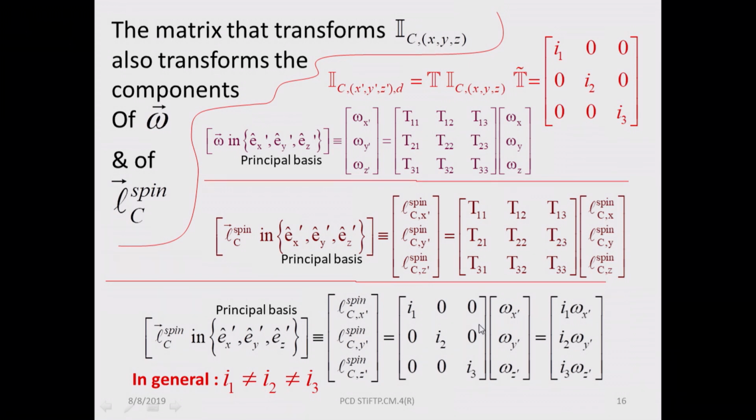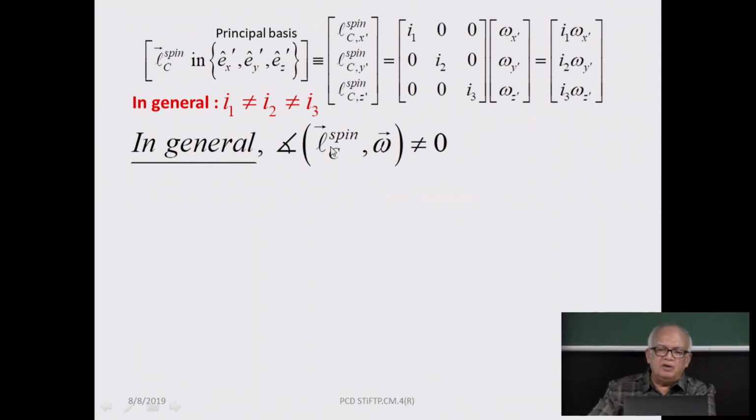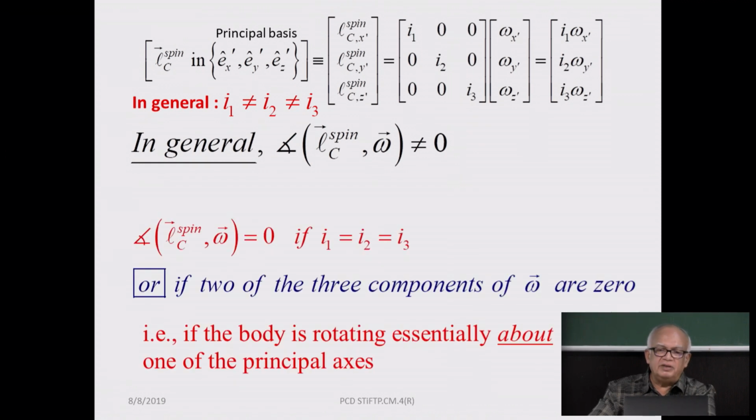It will happen only in some particular cases, because in general I1, I2 and I3 are not equal to each other. These are the principal components of the moment of inertia. So in general, angular momentum and angular velocity will not be parallel to each other, and there will be some angle between them.